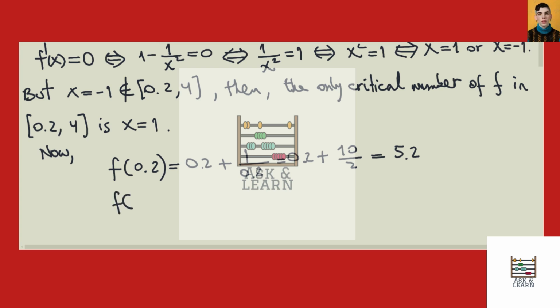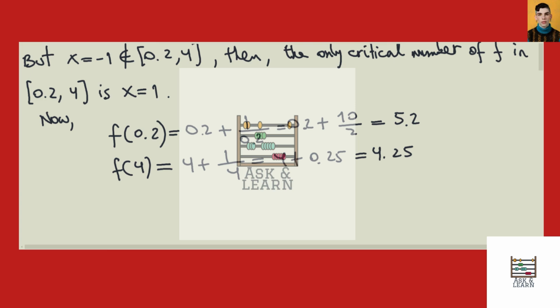Now f at 4, which is the right endpoint of the interval, is equal to 4 + 1/4, which is 4 + 0.25, and so we get 4.25. And finally, f at the critical number 1 is 1 + 1/1, which is 2.